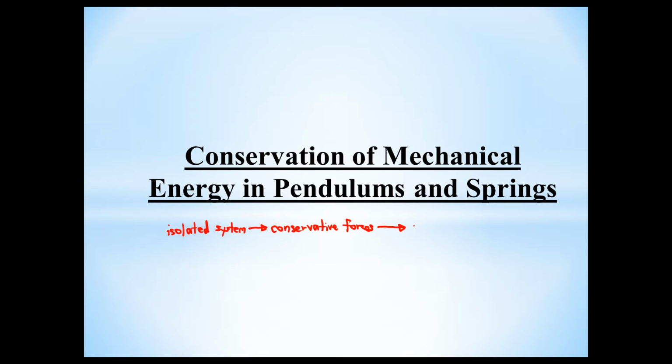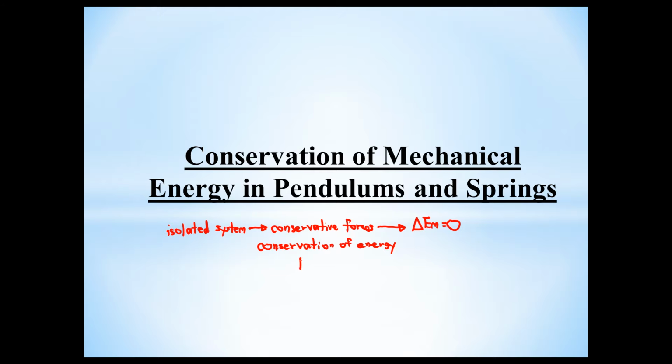Systems that have only conservative forces have no change in mechanical energy. If your mechanical energy doesn't change, we use the physics principle that's called conservation of energy. So these would be systems that don't have non-conservative forces. So a system without friction or a system without external applied forces would be an isolated system.